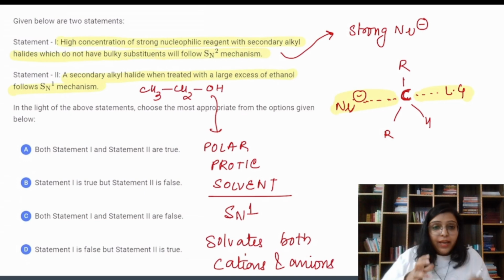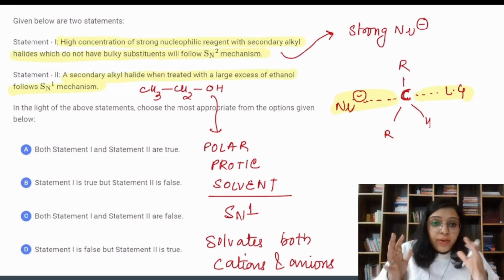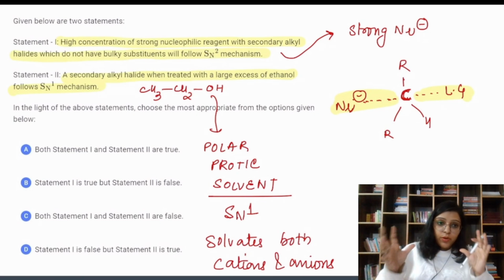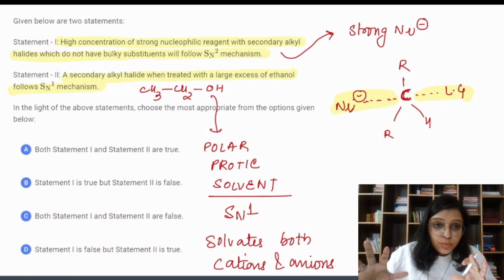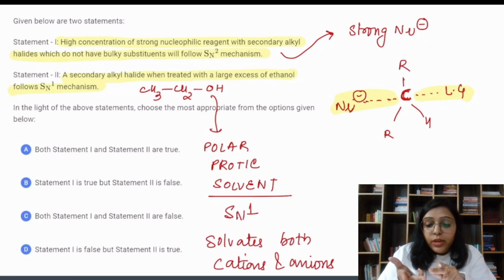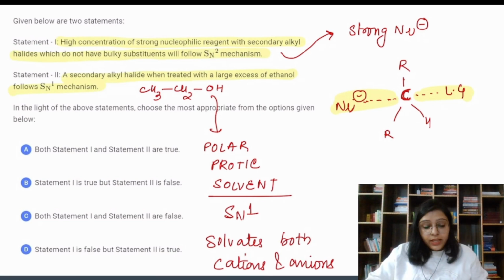It means it makes the anion bulkier. So many solvent molecules attach themselves to the anion part. And then what happens? Less nucleophilicity of that anion. If the anion is less nucleophilic, then the rate of SN2 decreases. So we can say both statements 1 and 2 are true. So option A is going to be the correct answer.